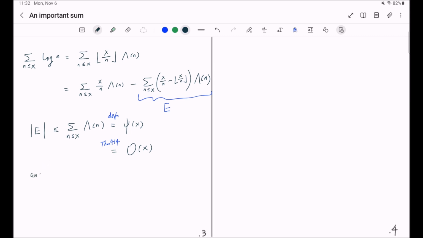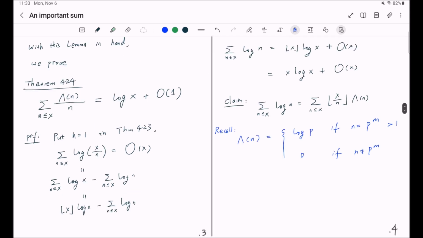And thus, if you move this E to the left-hand side, and using this estimate, and from what we derived above, the summation of log of n for n less than or equal to x is equal to what? Is equal to x times log of x plus big O of x.